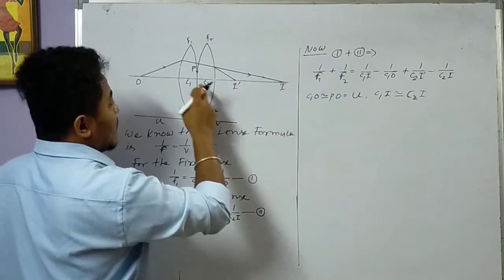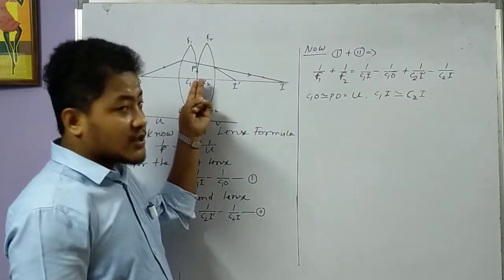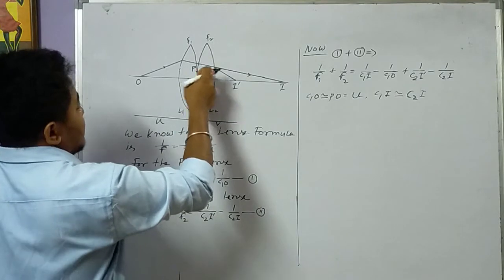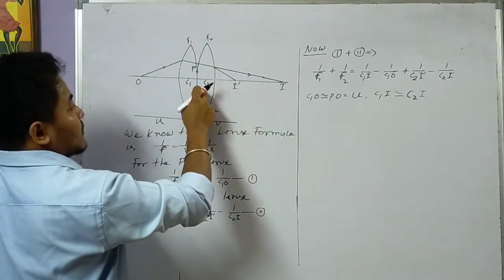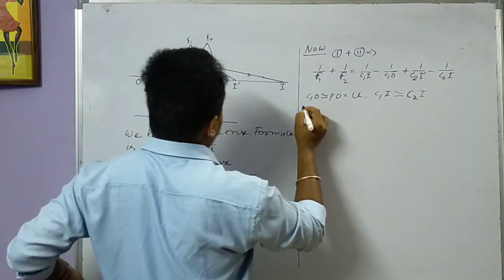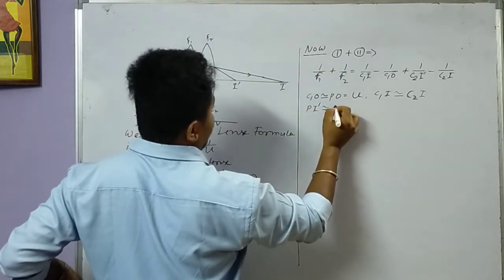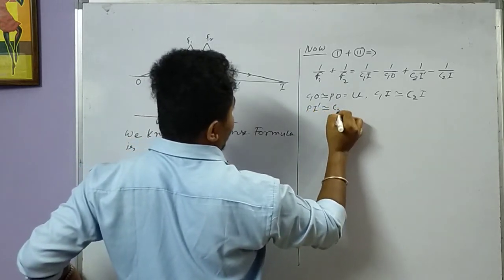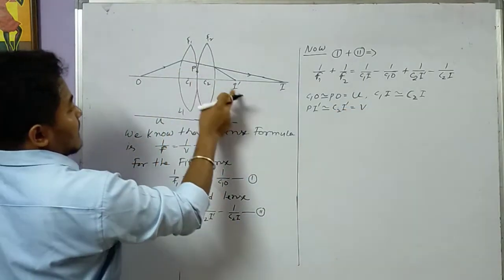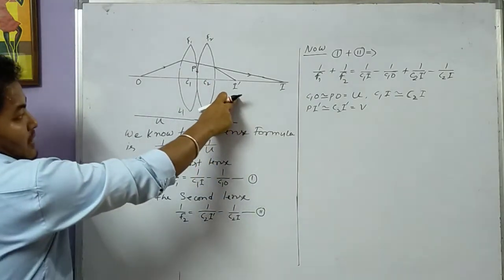C1I is nearly equal to C2I because this lens is going to be too thin, and this much of distance is of course negligible. And also you can write that PI dash is nearly equal to C2I dash, and that is going to behave as V. Am I clear?